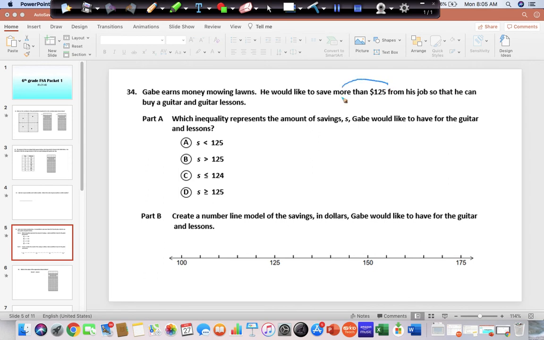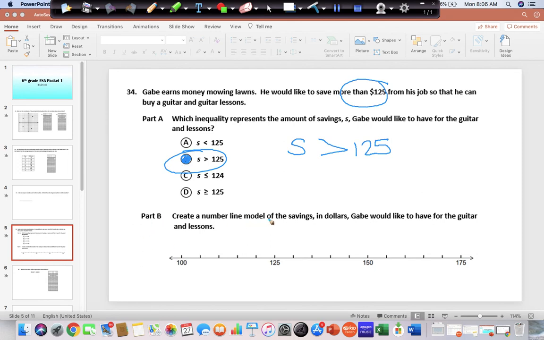Well, if he wants more than $125, that is the more than sign or greater than sign. So S is greater than $125, with S for his savings. So his savings need to be more than $125, and that is answer choice B.